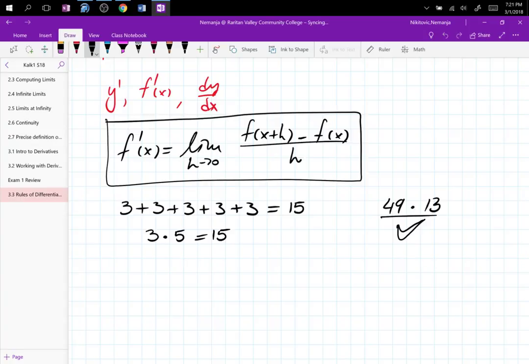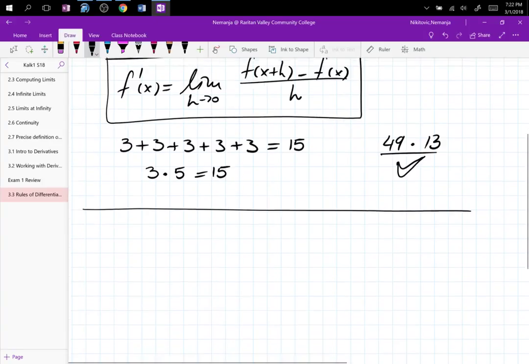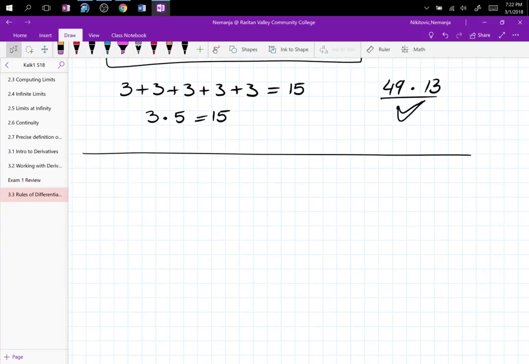So the jump from repeated addition into multiplication, or the jump from repeated multiplication into exponents, is repeating again, except now we are going to memorize formulas for derivatives, and then you will never have to use the limit definition again. So let's memorize the formulas, if you're interested.